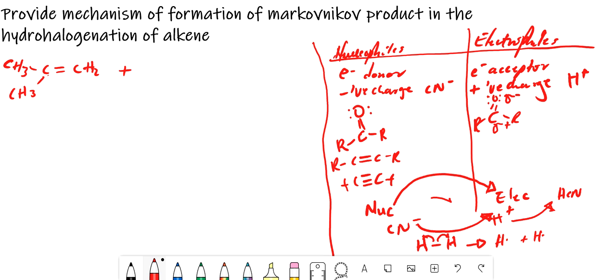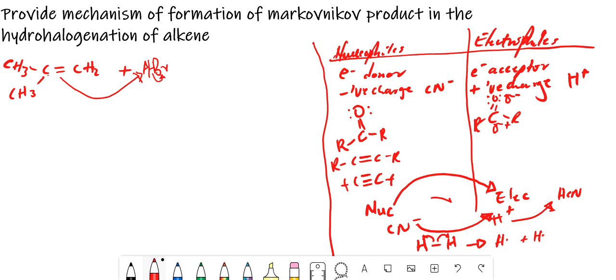So I'll write it again, HBr. Then the lone pair of electrons will act as a nucleophile and will attack the hydrogen proton here. So here there is a bond. When the double bond attacks this hydrogen, the bond between hydrogen and bromine will break and all the electrons will go to bromine.